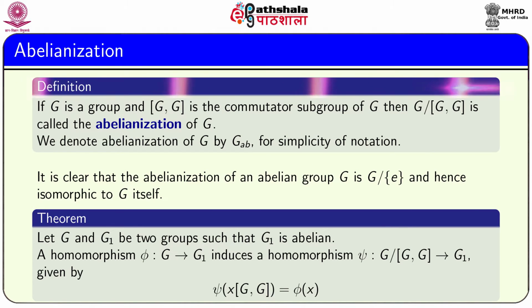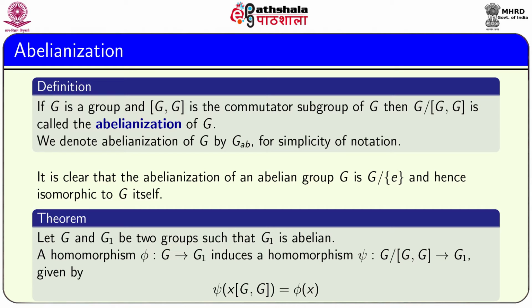Now, we define what we mean by Abelianization of a group G. Let G be a group and we take the commutator subgroup of G. We have shown in our last result that the quotient group formed by taking G by commutator subgroup of G is always abelian.